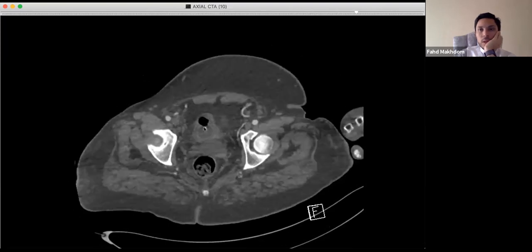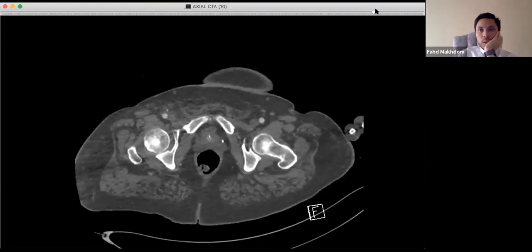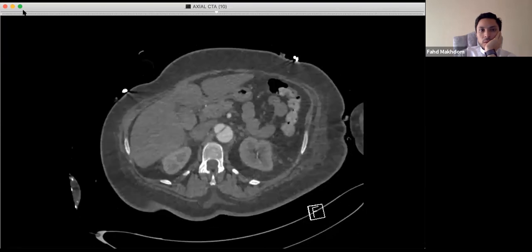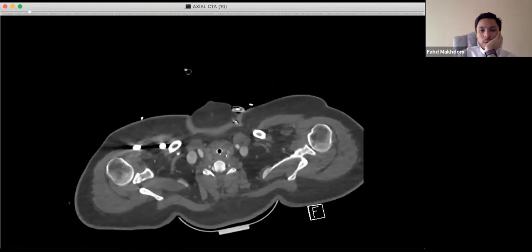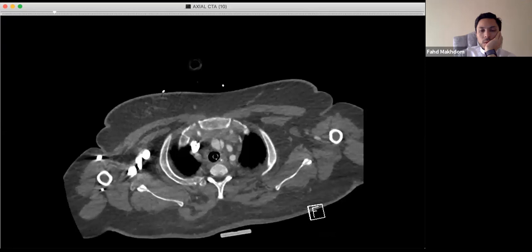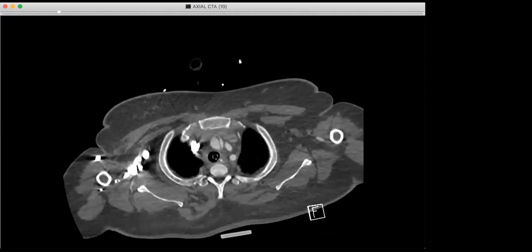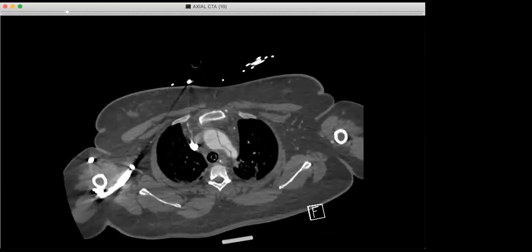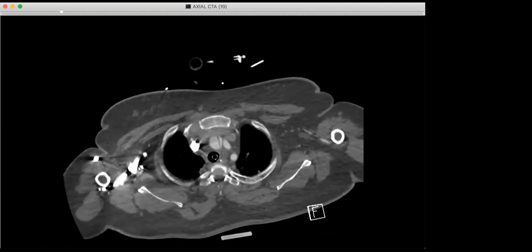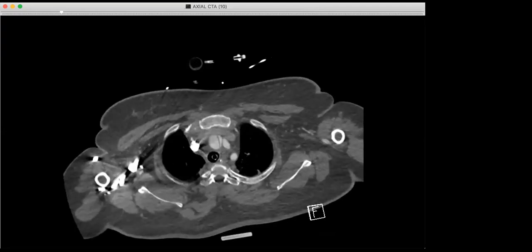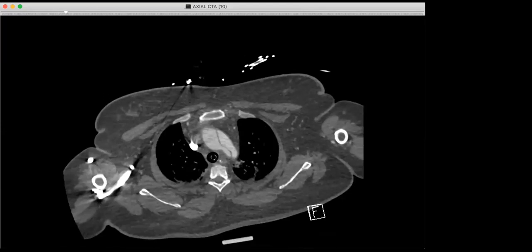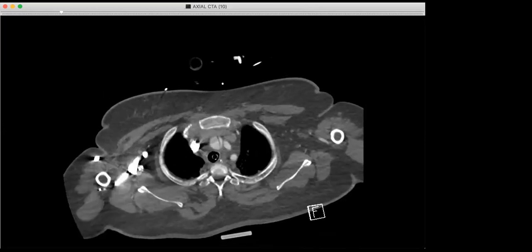Let's go back to the head vessels and see the extension there. Yeah, here it looks like it's extending into the right common carotid.